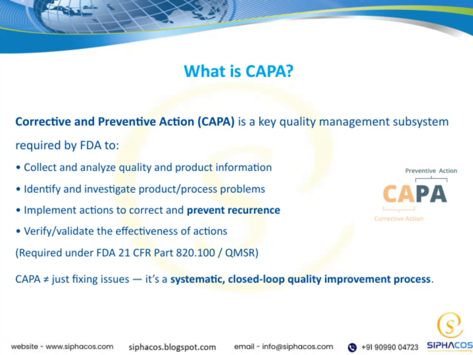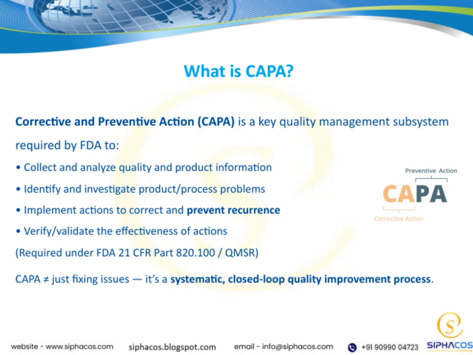So, what exactly is CAPA? Corrective and Preventive Action, or CAPA, is a fundamental part of quality management that's required by the FDA. It's not just about fixing problems as they come up. Instead, it involves a systematic process to collect and analyze information about our products and processes.